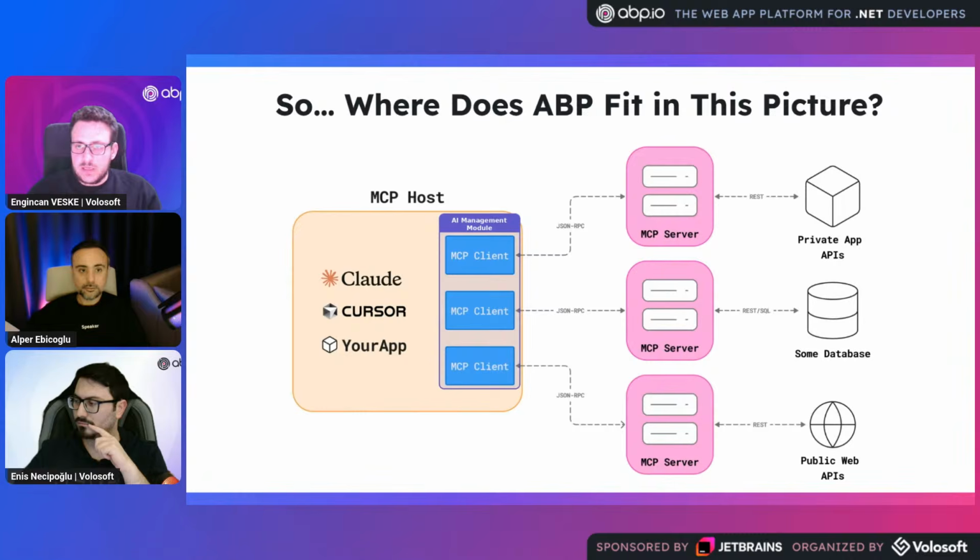And when we look at the AI Management module, actually it's hosted in your application, and it allows you to generate the related MCP clients in your own application and use any MCP server and connect with any external tool.